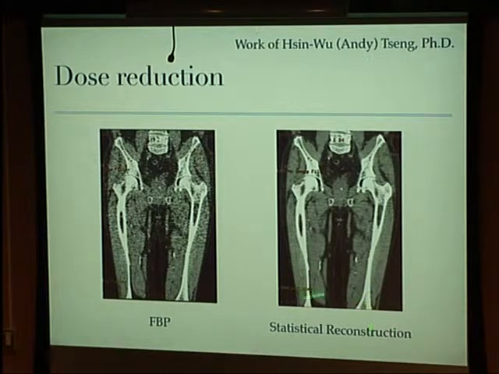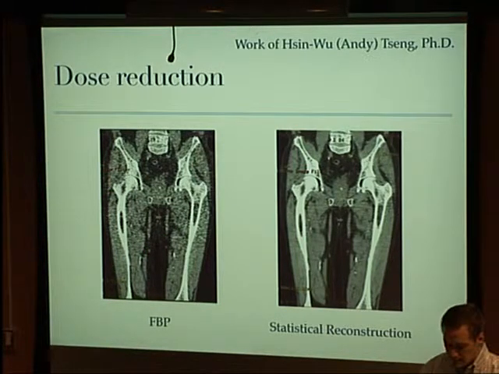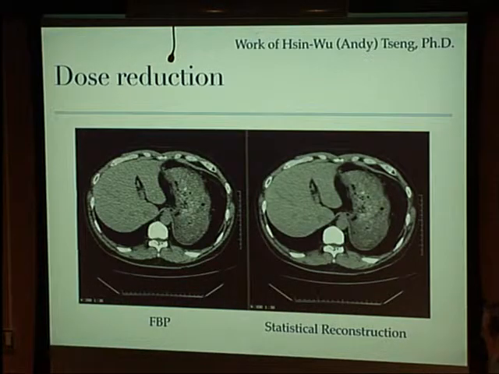The statistical reconstruction technique is really accounting for the physics and the statistics, while filtered back projection is a mathematical technique with lots of approximations. Those were two sagittal slices. Let me show you a couple axial slices. Again, the filtered back projection looks to be a lot noisier. The statistical reconstruction methods seem a whole lot smoother.